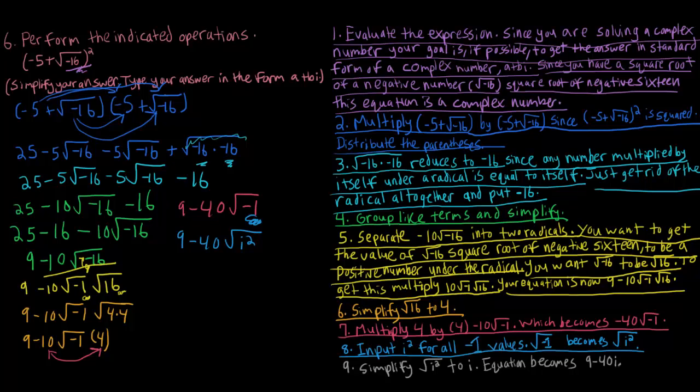And then our final step, step 9, is to go ahead and simplify the square root of i squared to i, and the equation becomes 9 minus 40i. So this right here, square root of i squared, will simplify to just i, so we're left with 9 minus 40i, and that's the answer.